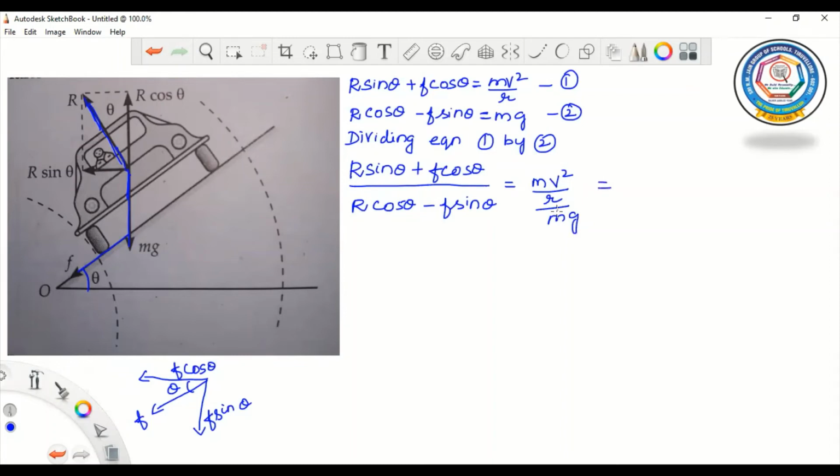So we can write it as, m and m get cancelled, v square by rg.